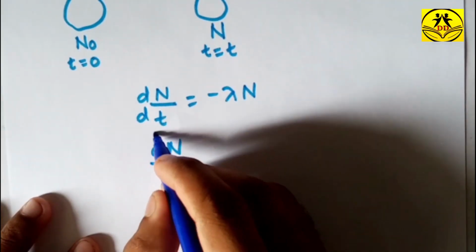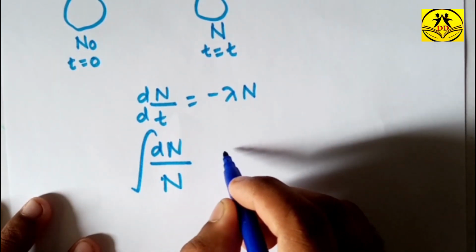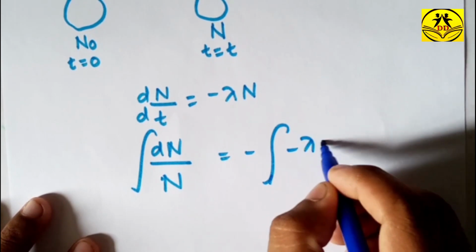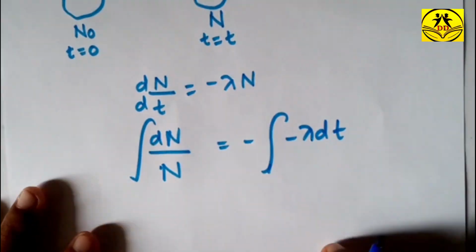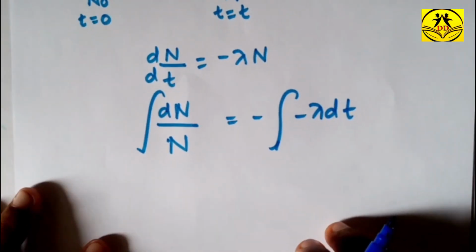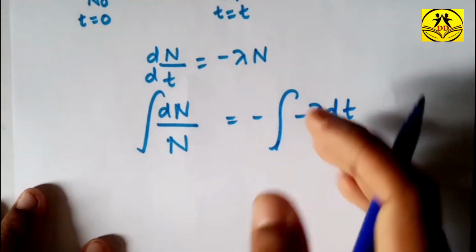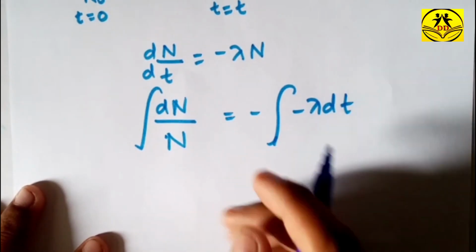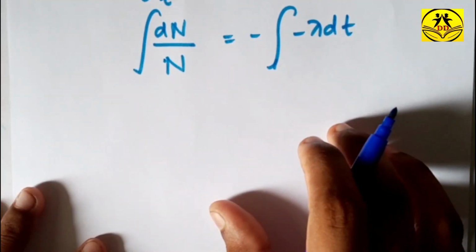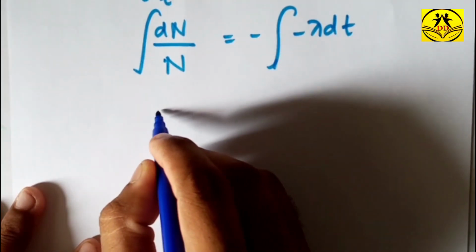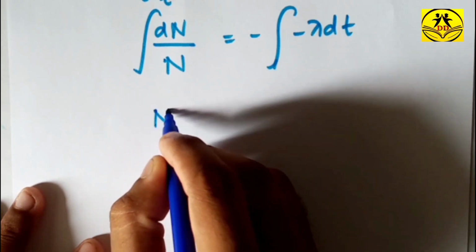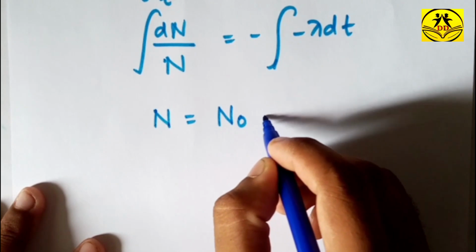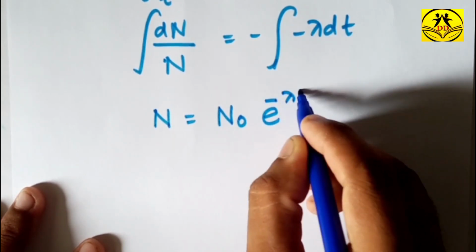Biology students do not need to know the full integration process. So after integration we can obtain the equation N is equal to N naught e to the power minus lambda t.